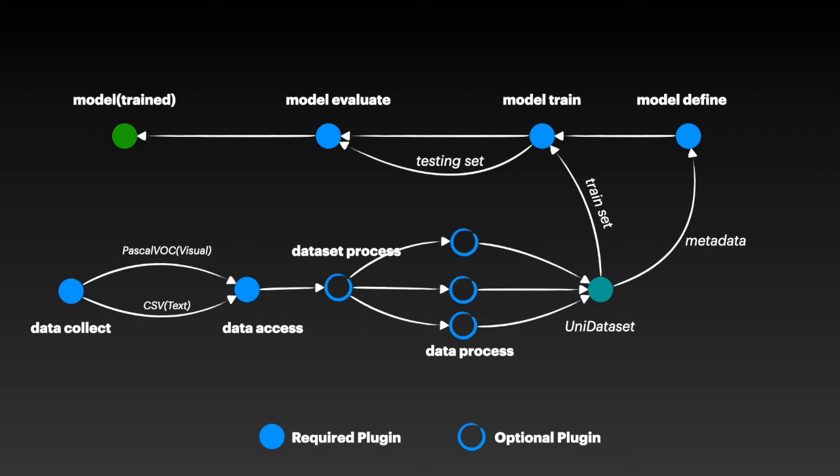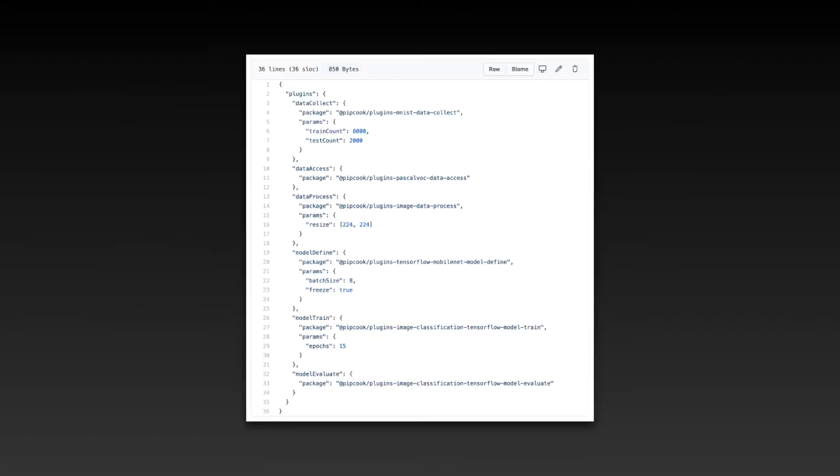After this long data processing stage, we will get a unified dataset. After we get the unified dataset, we can also define a model in the model define plugins. With the unified dataset and the model defined, we can train a model and evaluate it. And if we get a really satisfying result, we can just deploy the model.